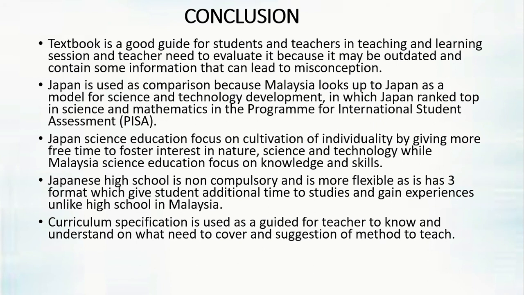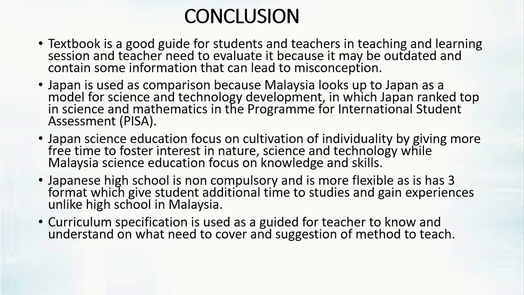In this topic, we use Japan as a comparison because Malaysia looks up to Japan as a model for science and technology development, in which Japan ranked top in science and mathematics in the Programme for International Student Assessment, also known as PISA.